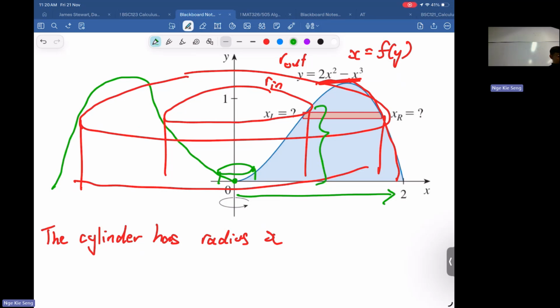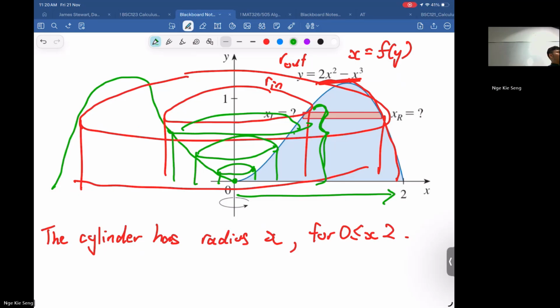But what's the height? Who controls the height of the cylinder? Your radius is ranging from where to where? For x between 0 and 2. And then what's the height? When I draw this cylinder, who controls the height?